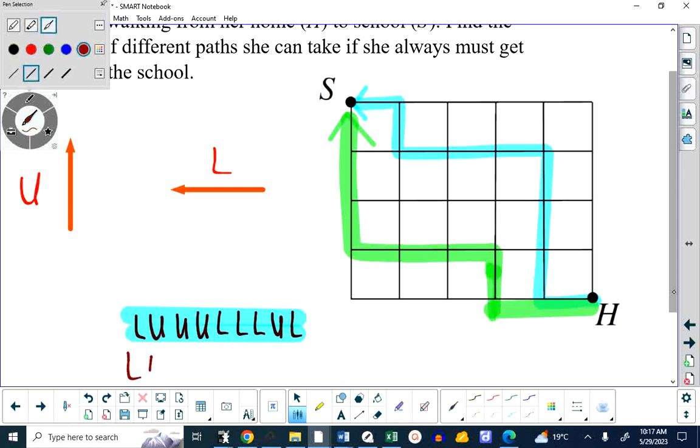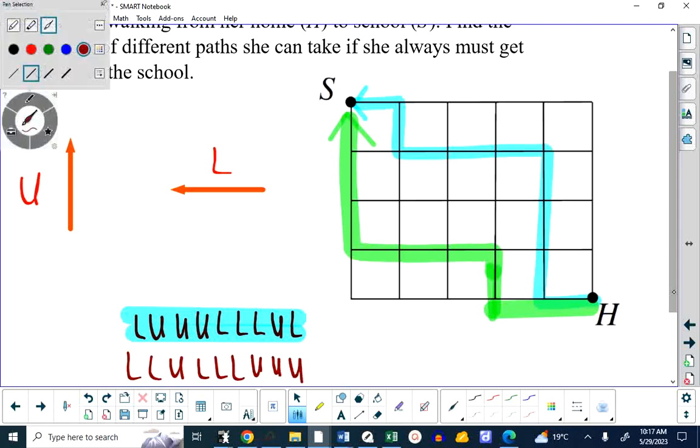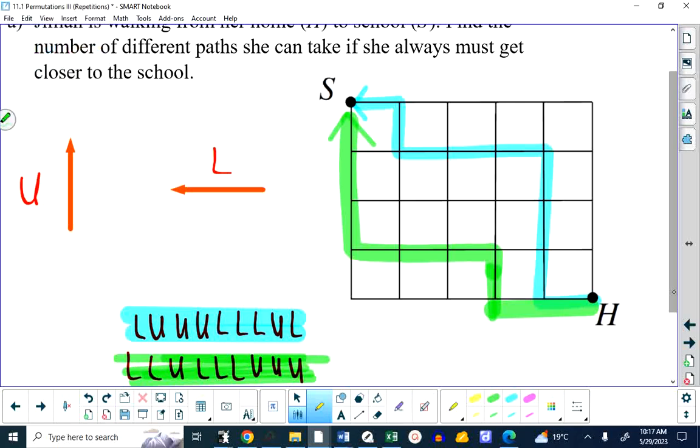That would be left, left, up, left, left, left, up, up, up. Are we in agreement on that? What am I getting at? Each arrangement of those letters is one way to get home from school.